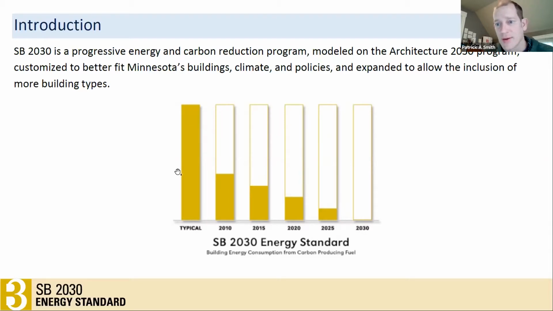So we're looking at increasing reductions from a baseline. The way both Architecture 2030 and SB 2030 are structured is looking at the average buildings in 2003 and taking increasing reductions from that average building.